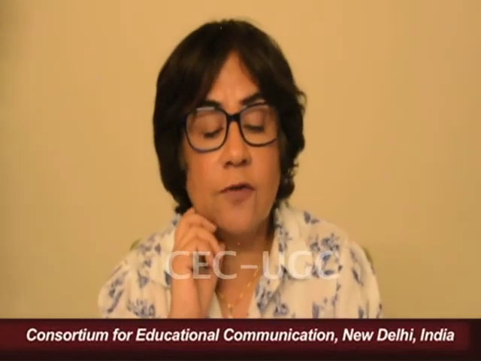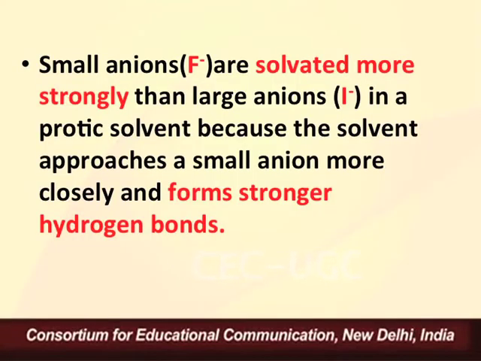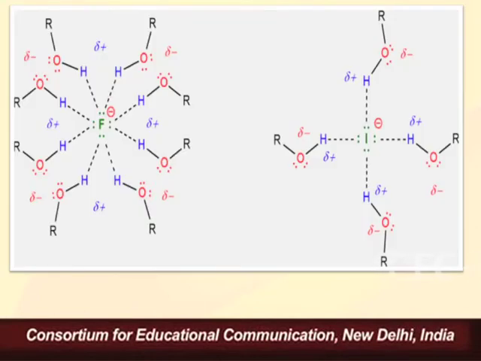The second thing that you have to keep in mind is that small anions like fluoride are solvated more strongly than large anions like iodide in a protic solvent, because the solvent approaches a small anion more closely and forms stronger hydrogen bonds. As you can see on your slides, here the fluoride anion is solvated more strongly by alcohol, which we are using here as a solvent, as compared to iodide ion, whose size is large.